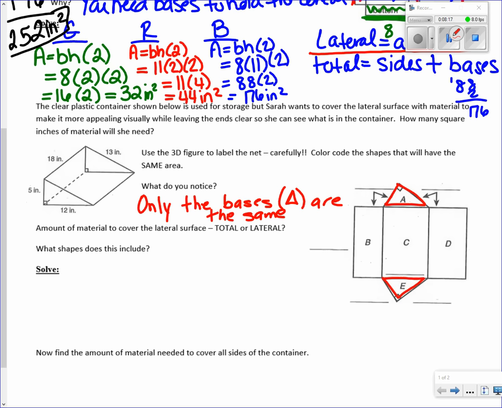So looking back over here on our prism, this short end of the triangle is 5 inches. So let's go over here and look at the short end of the triangle. That is right there. So we know that this measurement, when you fold it up, folds up on this measurement, and so that is 5 inches.